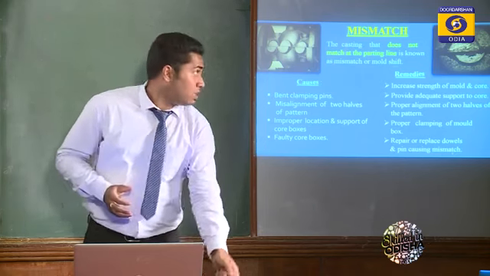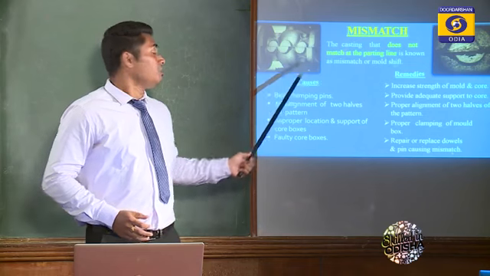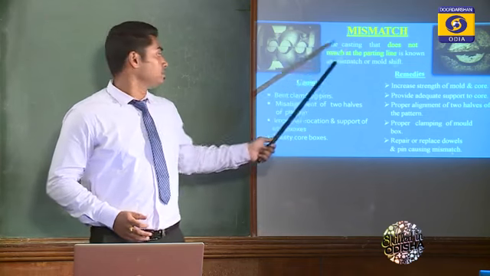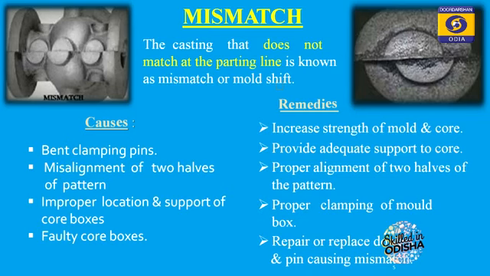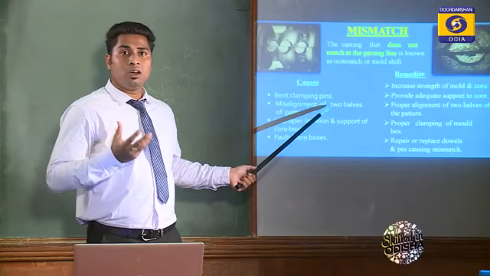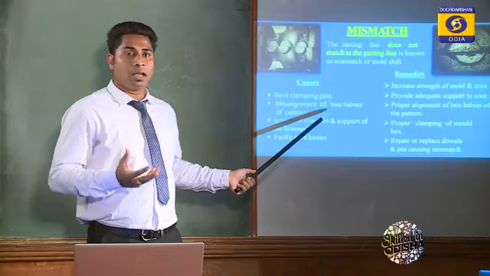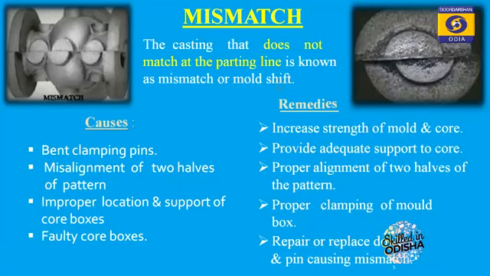So what are the reasons for this mismatch casting defect? Bent clamping pins, misalignment of the two halves of the pattern, meaning the lower half and the upper half, improper location and support of core boxes, and faulty core boxes.